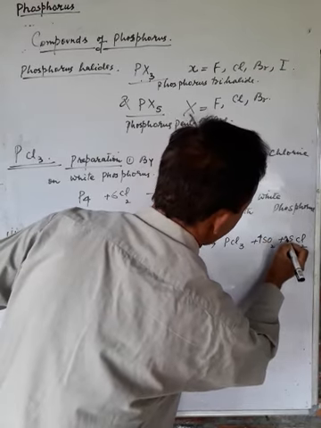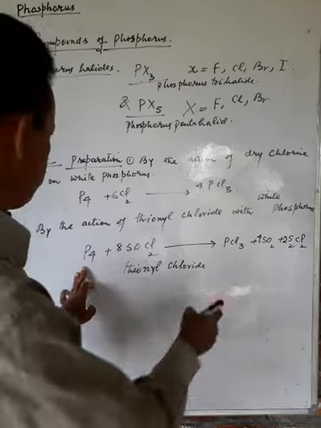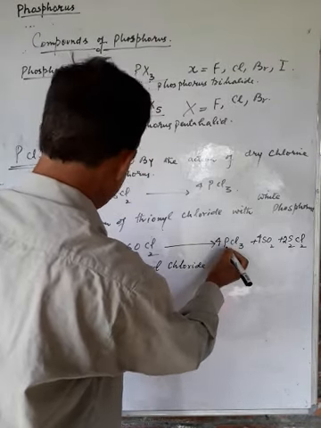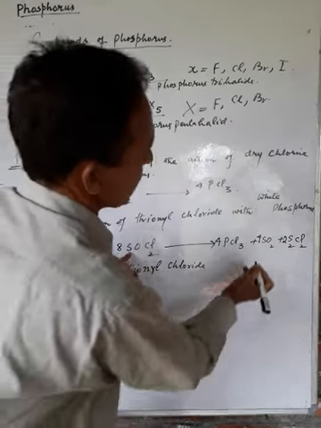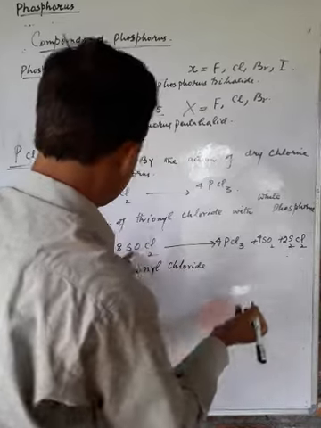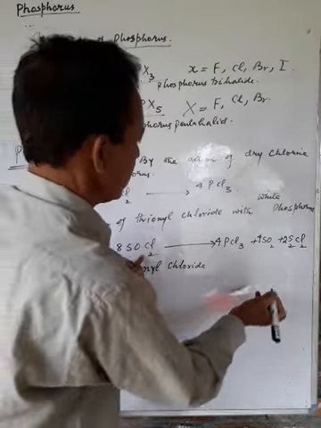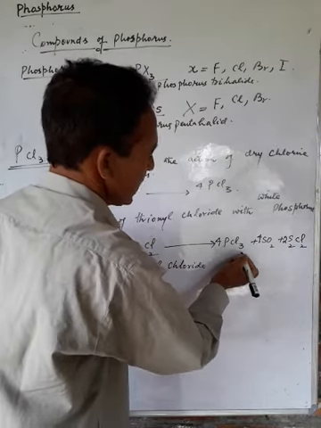You will see P4 gives PCl3, that is 4 times. The phosphorus 4 times, 12 times Cl. We have sulfur 8 times, oxygen 8 times, and chlorine 16 times, that is 4 plus 12, 16.